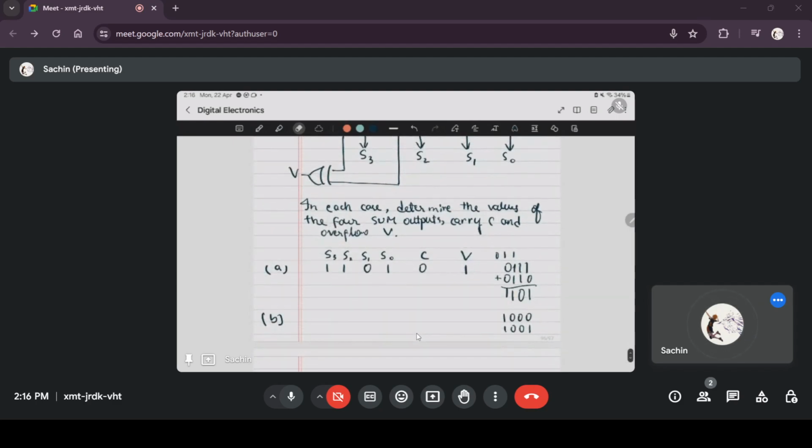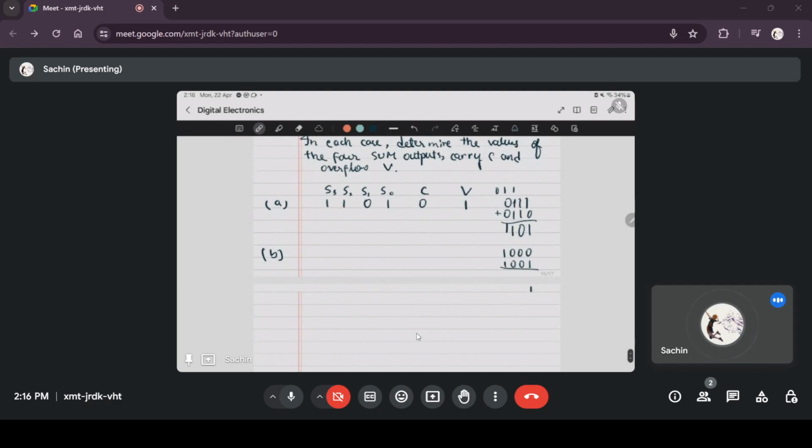So let's add and check what we get. C3 is 0, C4 is 1.